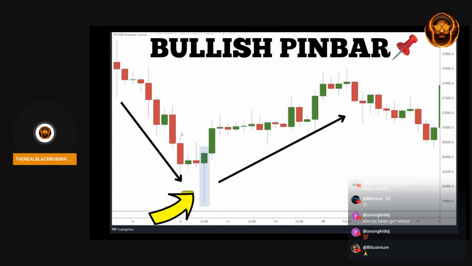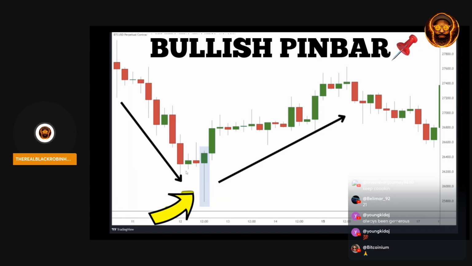So in real time, this is how a bearish pin bar can be used, because it is used as an exhaustion candle, as a reversal candle. So if you look at Bitcoin here, Bitcoin was trending down, down, down, right? So this is the bears pushing the market down.